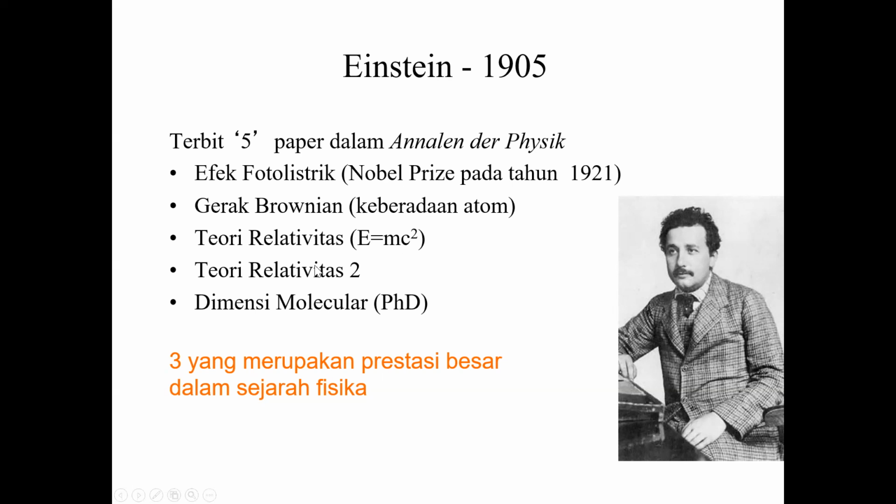If you read the paper, Einstein didn't say about this one, but this is the implication of this paper by him. And he also published the second paper about relativity. So the first one is about the foundation of relativity, and this is the implication of the relativity.